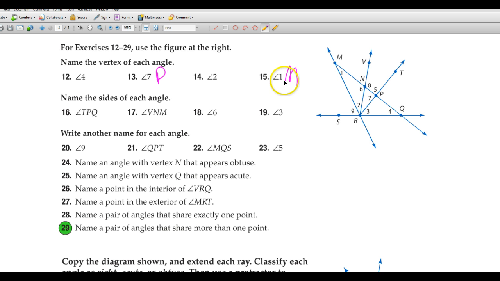And the next part, name the sides of each angle. So the sides will be two rays with an initial point where the ray starts, or the vertex of the angle, and then another point where the ray goes through. So on number 17, angle VNM.